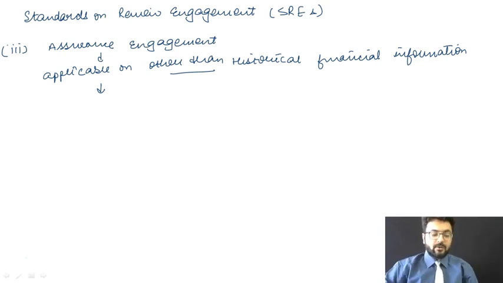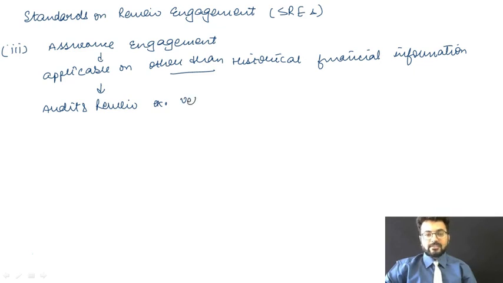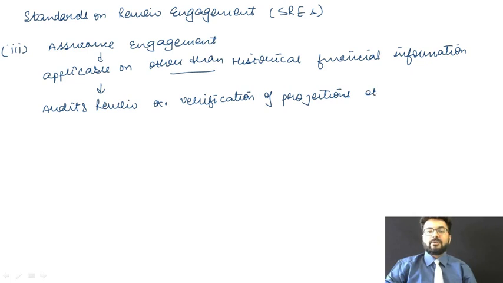Now they do have different scenarios, so they are basically applicable on various engagements other than audit. Yes, they do provide some kinds of review kind of things. Audit and review. That means, for example, they are going to provide you verification of projects, or they may provide you about the forecast, projections, etc.